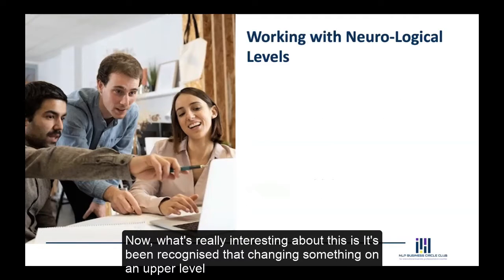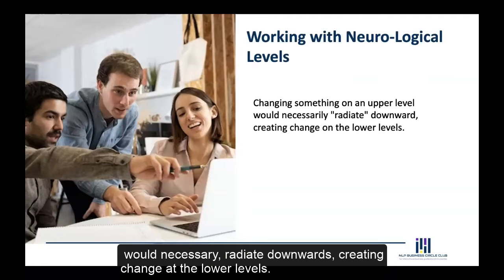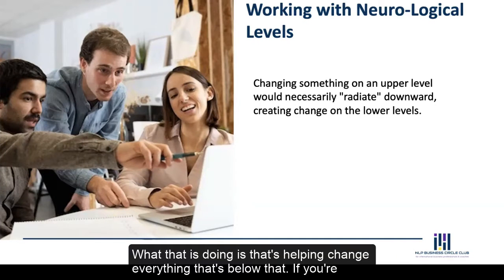Now, what's really interesting about this is it's been recognised that changing something on an upper level would necessarily radiate downwards, creating change at the lower levels. So if you're helping someone make change with their beliefs and values, their identity and their purpose, that's helping change everything below that.